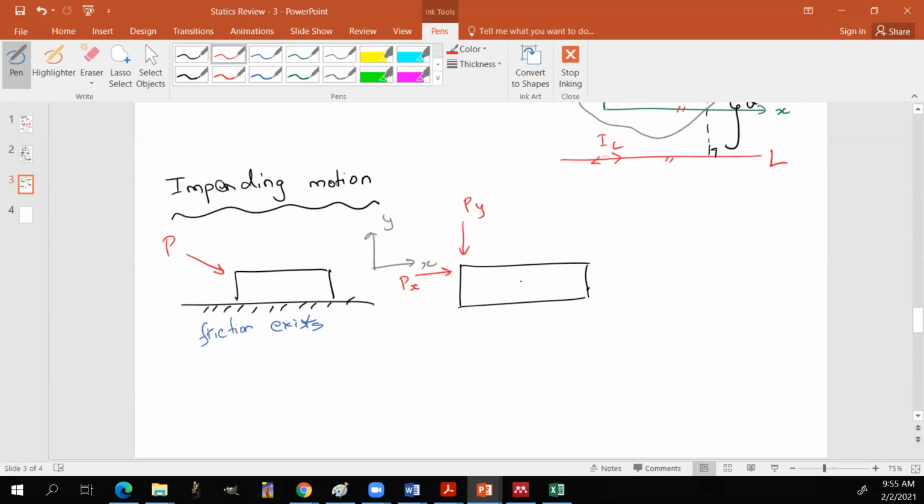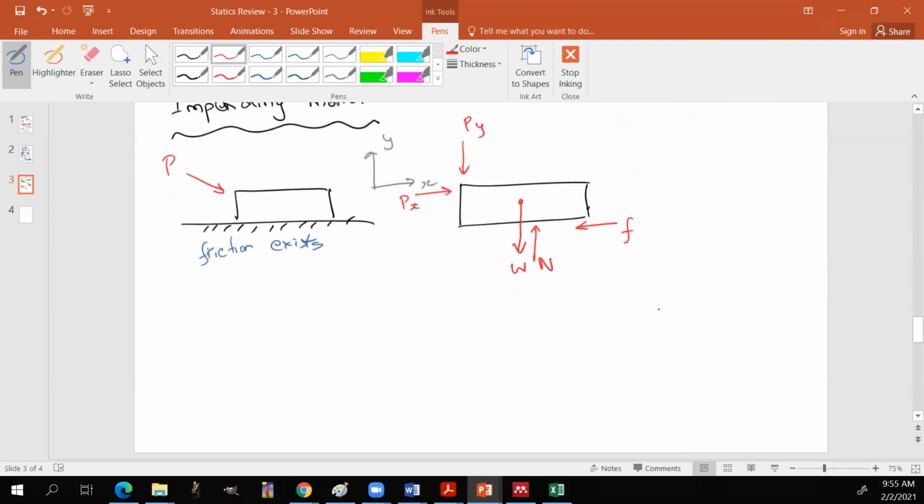So the regular stuff, you'll have the weight going downwards. What else? What am I missing? Normal force. What else? Friction. Right? So friction is going to oppose your motion because this force P is going to want to move it in the positive x direction. So your friction force opposes the motion. It's going to act in the opposite direction, right?